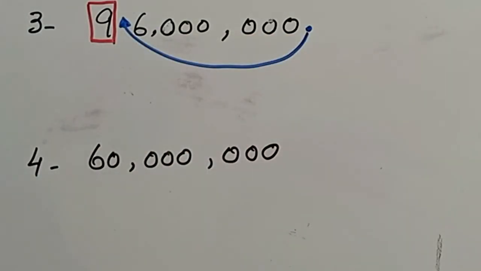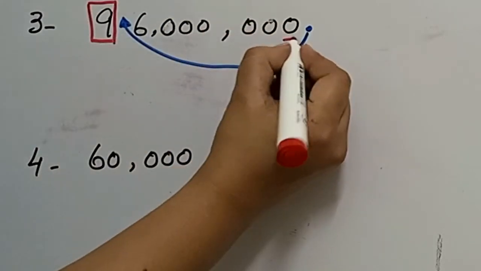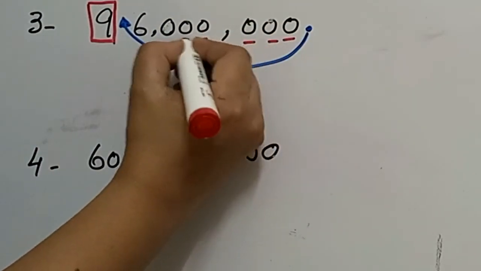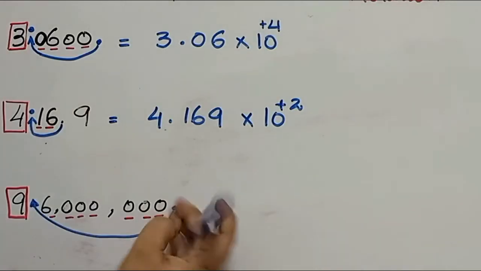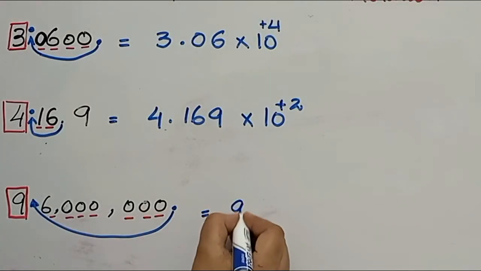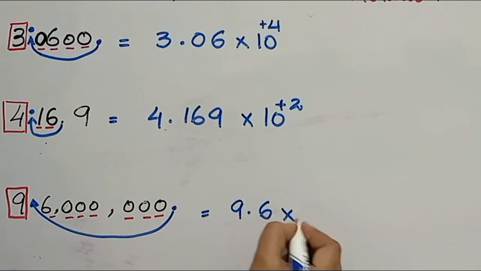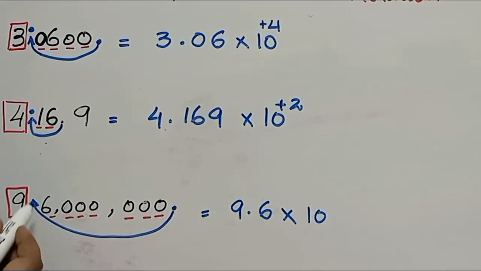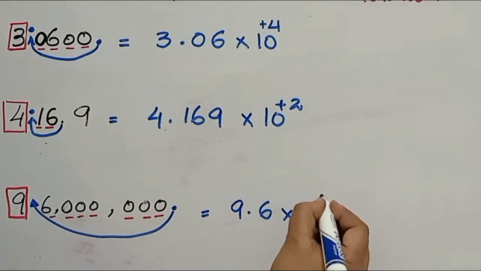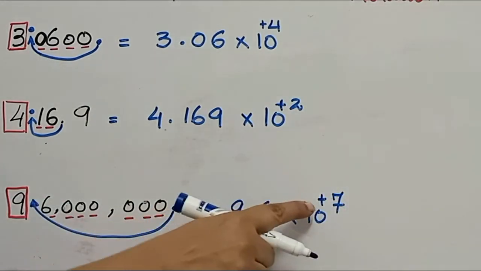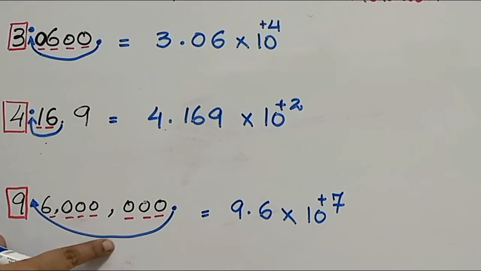How many digits are in between them? 1, 2, 3, 4, 5, 6, 7. So it means it will be written as 9.6 multiplied by 10 raised to the power 1, 2, 3, 4, 5, 6, 7. Positive 7. Positive power associates with the larger number.